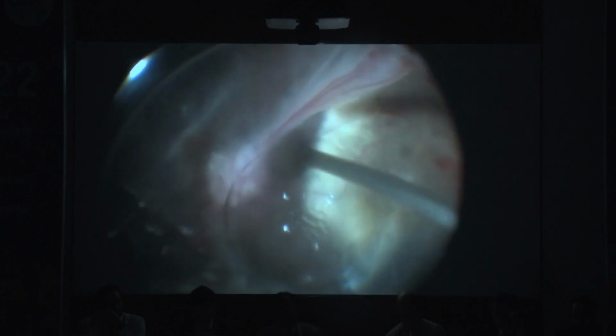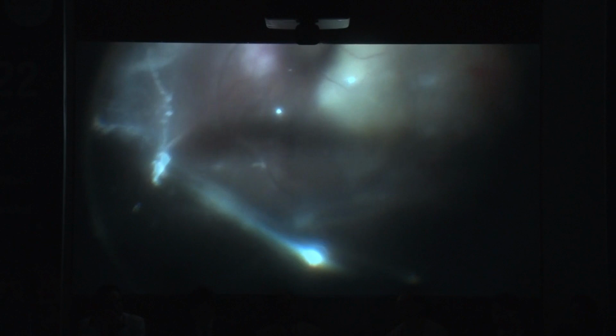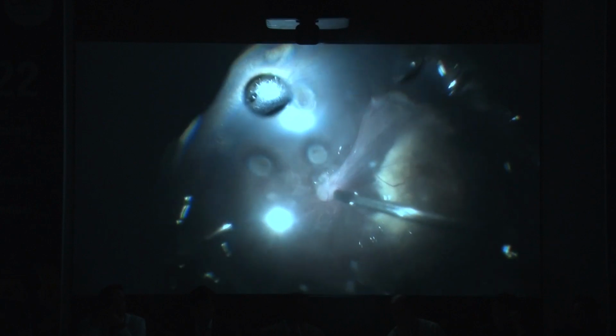Injected heavy fluid PFCL and removed all vitreous. Peripheral circumferential retinectomy was done for the redundant retinal fold and air fluid exchange started. Injected more PFCL beyond the retinectomy margin to flatten the retina.